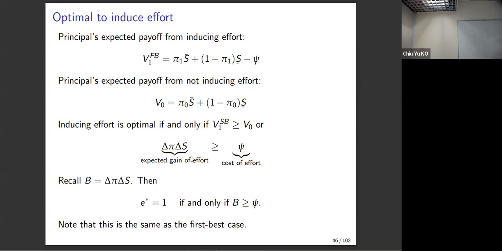I basically outsource it to you. You take the risk and carry the loss, because you are risk neutral.